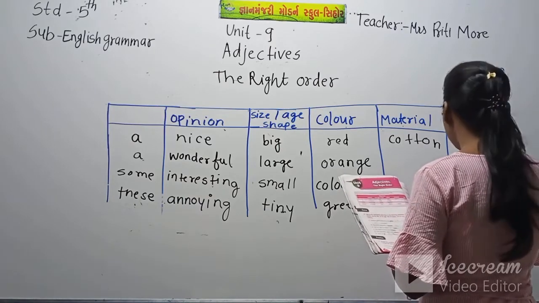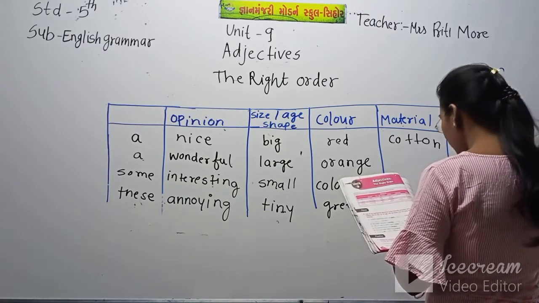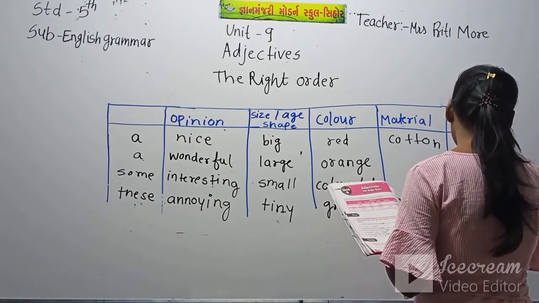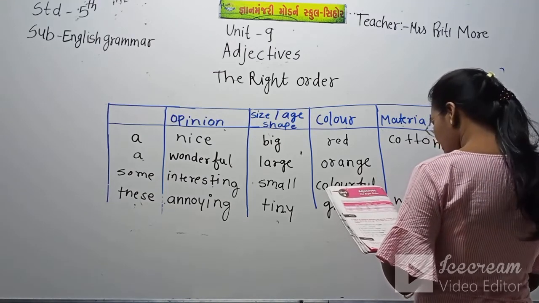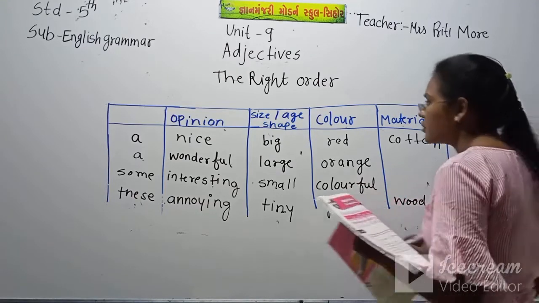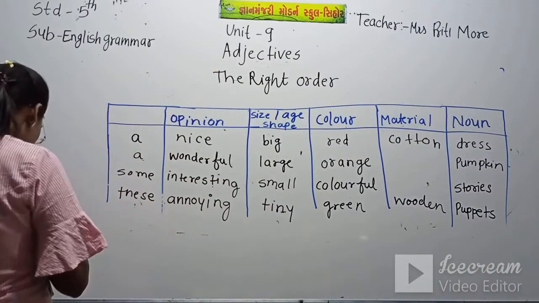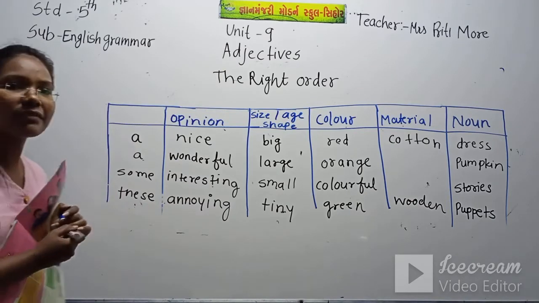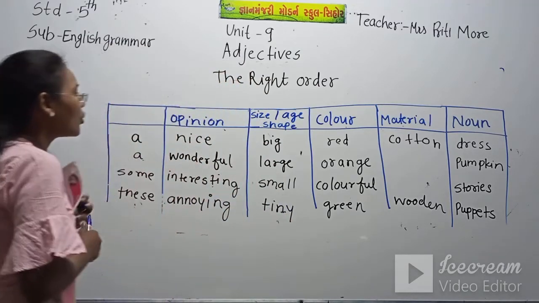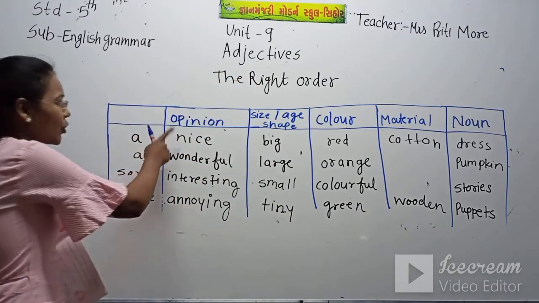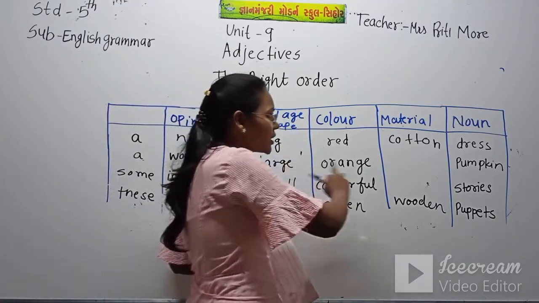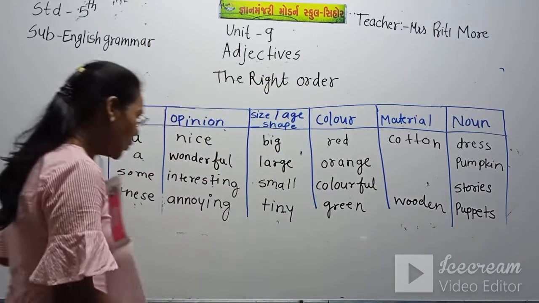Nouns like trees, pumpkin, stories, puppets. This is the table we have to follow. If more than one adjective is there, we follow this table. First the opinion, then size, age or shape, then color, then material and then noun.